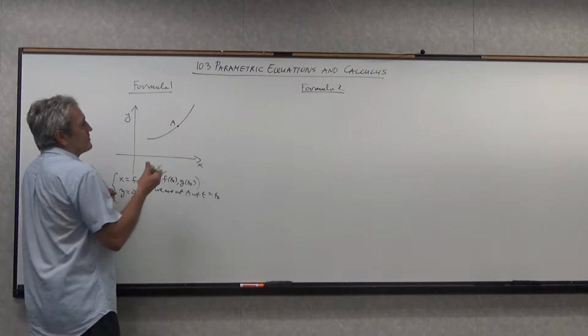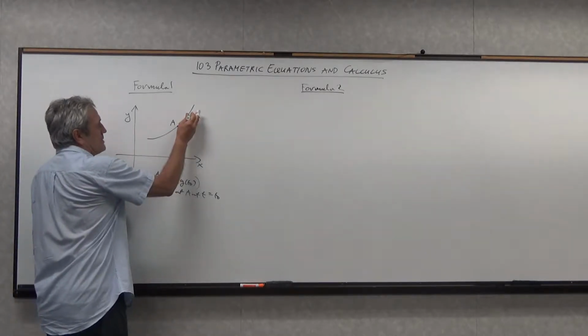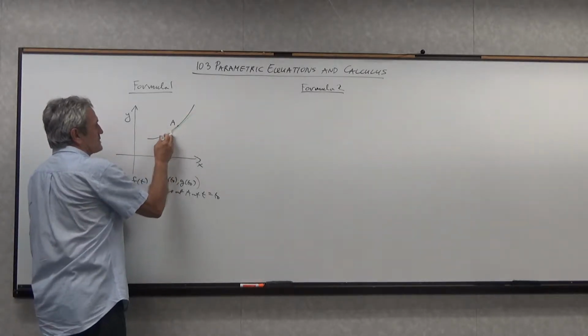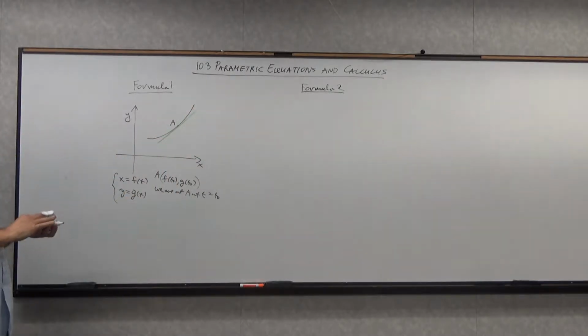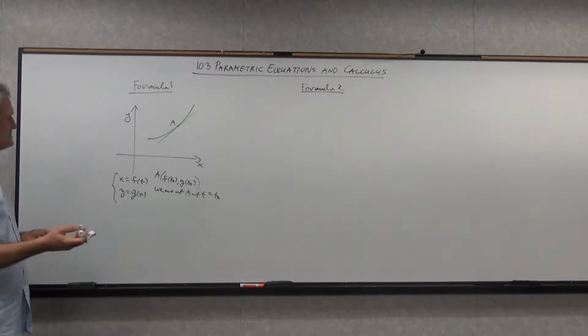And then what do we want? We want to find the slope of a tangent line, which is obviously one of the most important questions in calculus. So we want this tangent line, and we want the slope of the tangent line. So here is the formula.